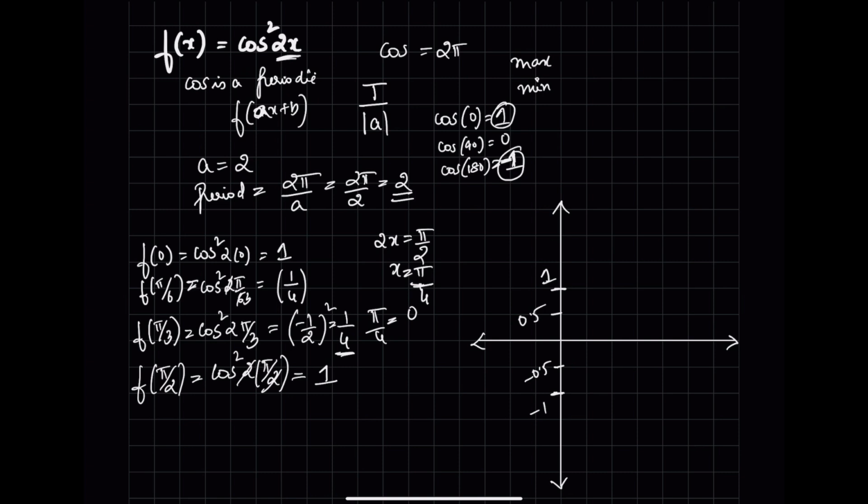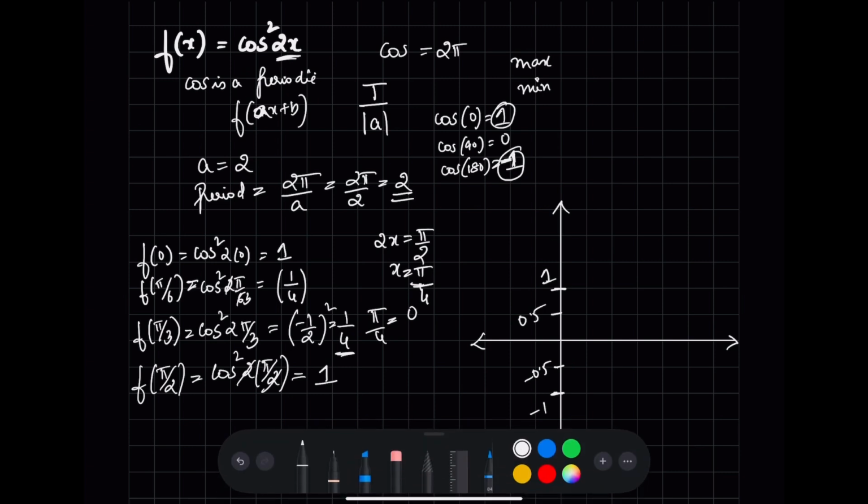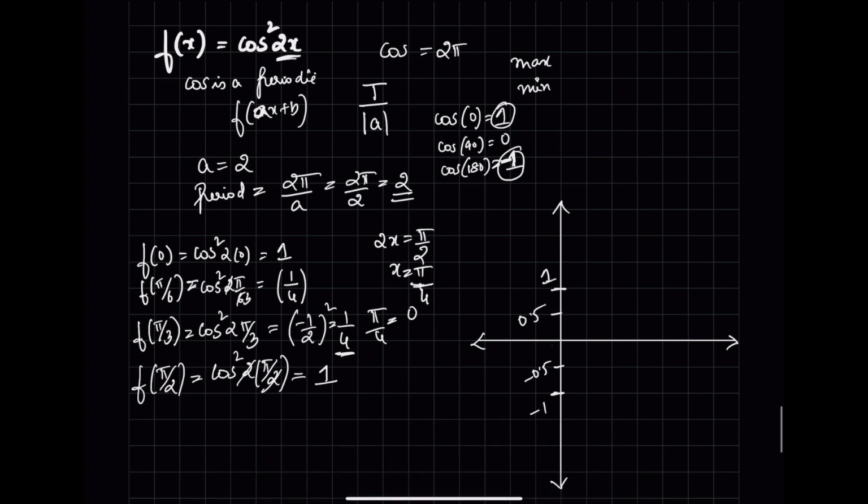So when it is 0 degrees, which is this part, the value is 1. So it starts here. Then at 30 degrees, so let's assume these are all at an interval of 30 degrees. So pi by 6, pi by 3, pi by 2, 2 pi by 3, 5 pi by 6, and pi.